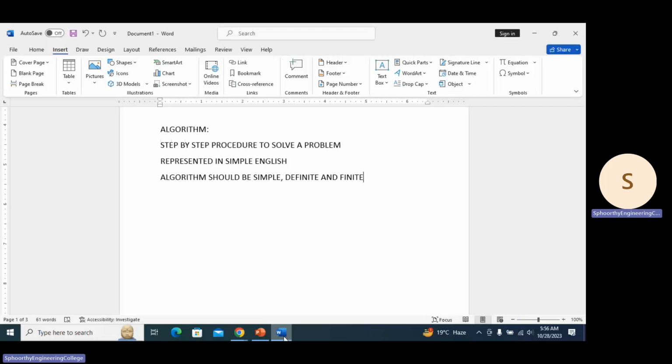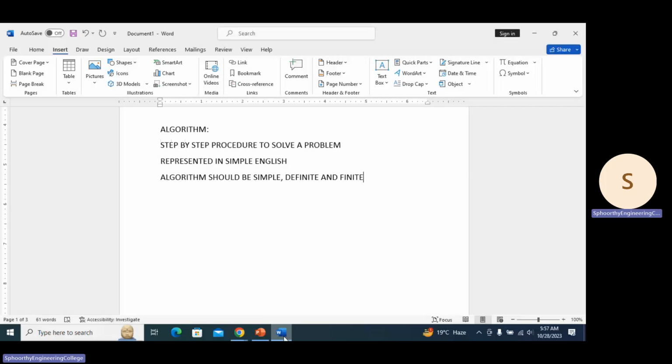So friends, what is the importance of an algorithm? Whenever we try to solve a problem by writing some program, definitely we need to identify what are the operations that are involved to solve that problem. For example, I want to check whether a given number is an even number or odd number.